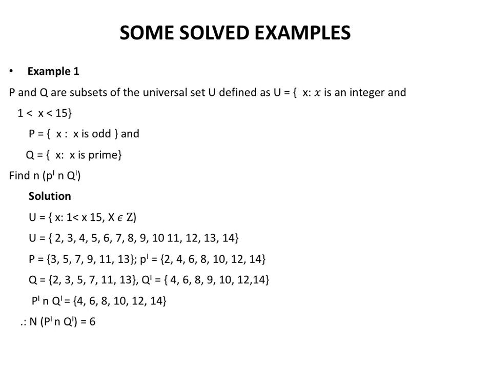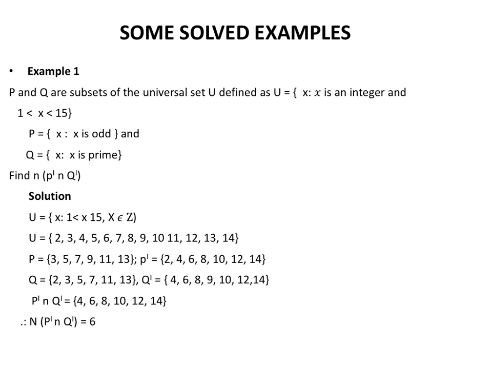So let's solve. The universal set is X, such that 1 is less than X, X is less than 15, and X is an integer. So we have U to be numbers between 2 and 14: 2, 3, 4, 5, 6, 7, 8, 9, 10, 11, 12, 13, 14.